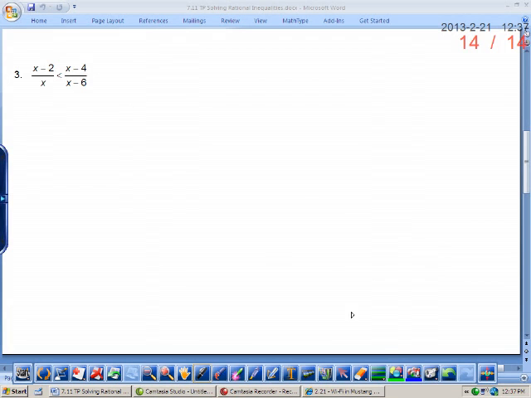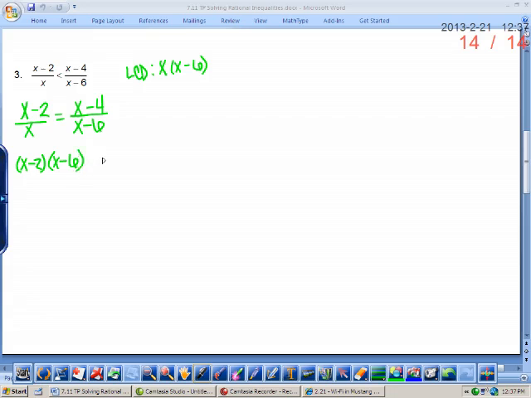All right, so we start by rewriting this as an equation. What is our LCD? What's missing from the first fraction? So we're going to multiply the numerator by x minus 6. What's missing from the next fraction? We take x minus 4 times x.